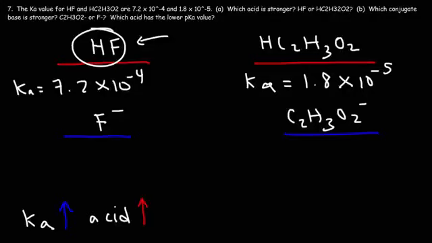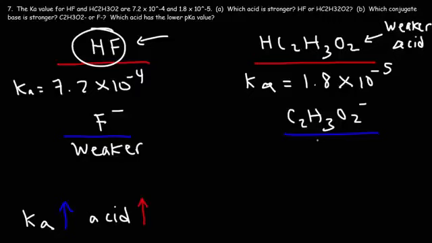So because HF is the stronger acid, the base is going to be weaker. Because C2H3O2, or acetic acid, is the weaker acid, the conjugate base is going to be stronger.